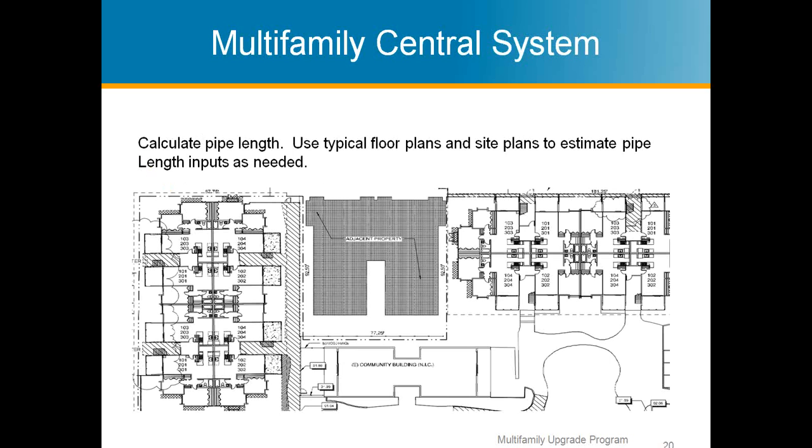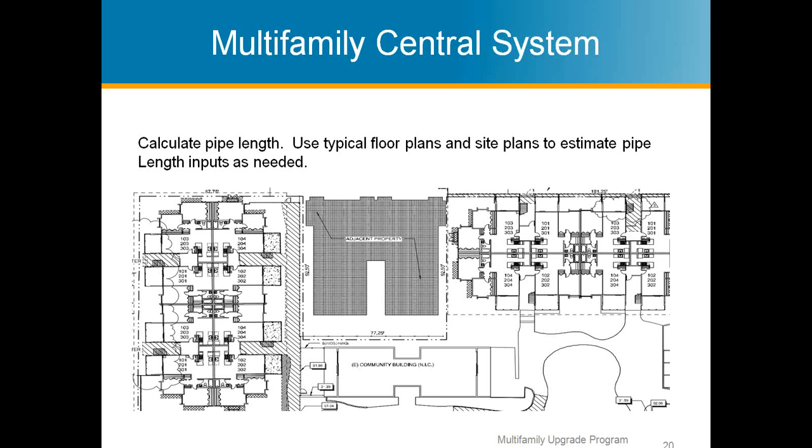Calculating that pipe length, these are existing buildings that, obviously, might make it very hard to see where those pipes are going. You have to really use common sense in this kind of thing.